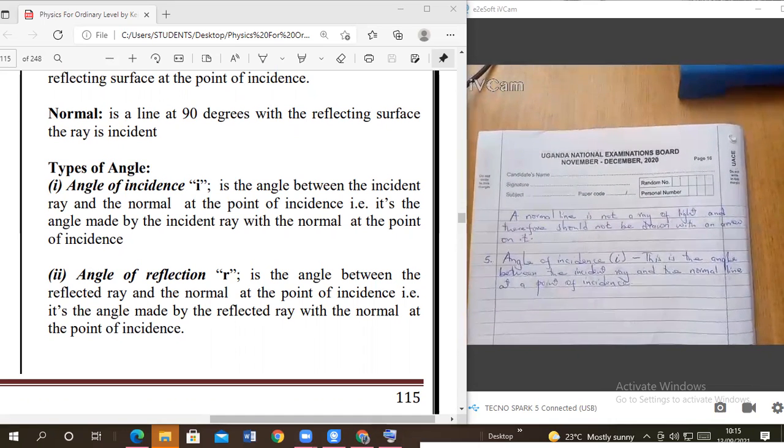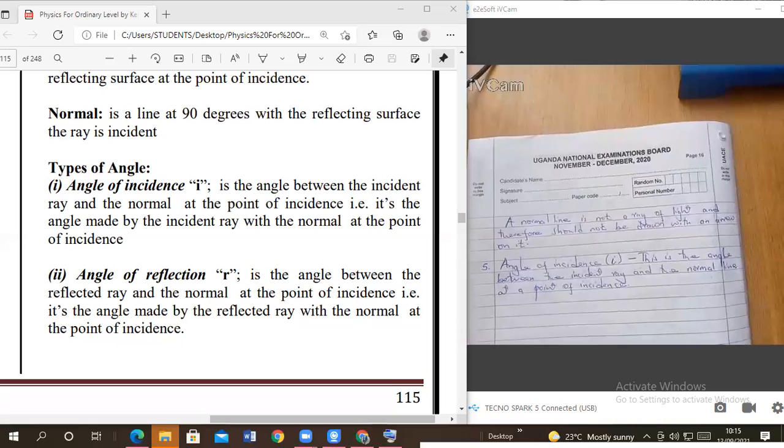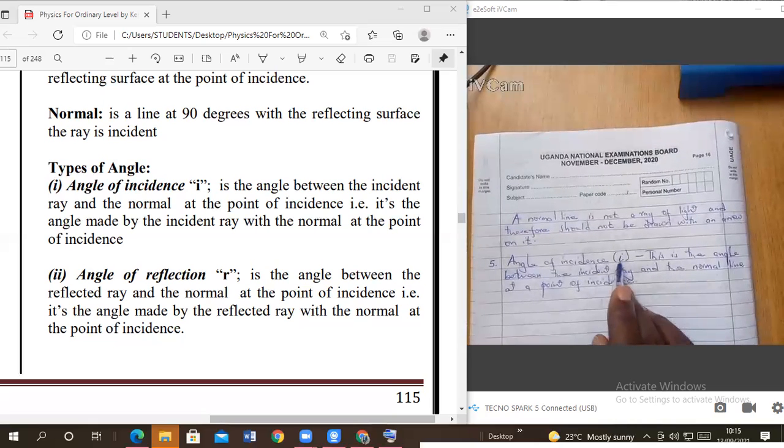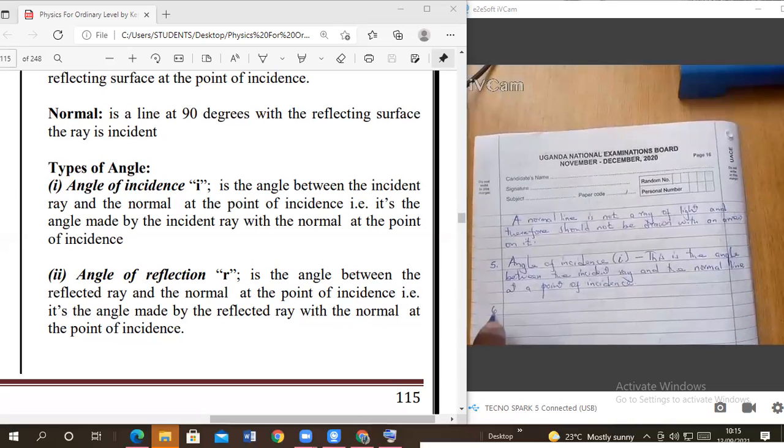This is the angle between the incident ray and the normal line at a point of incidence. And it's denoted by letter I, small I.